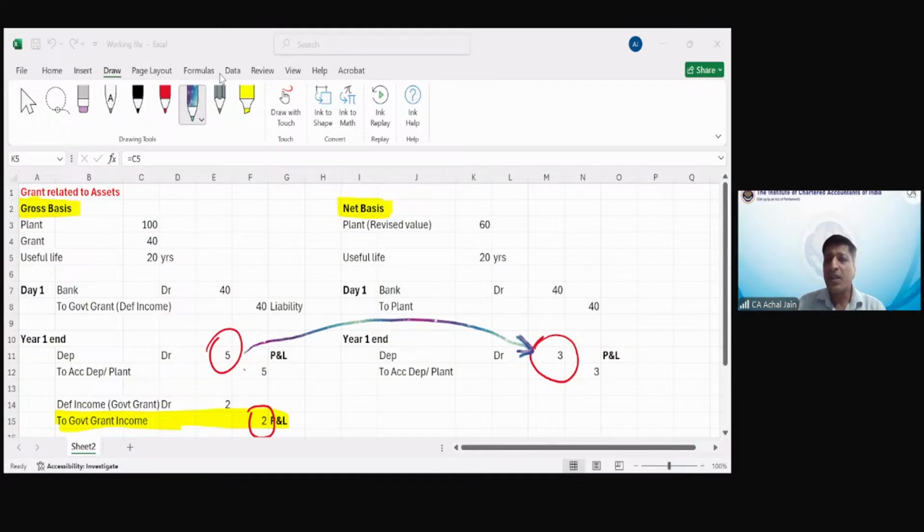Priyanshi is asking, sir, no need to write. Priyanshi, I'm not clear on your query. What's your query? Can you please pick up? I think Nidhi has a query. Nidhi, Priyanshi, if you can just please pick up, explain your queries. Yes, Priyanshi.